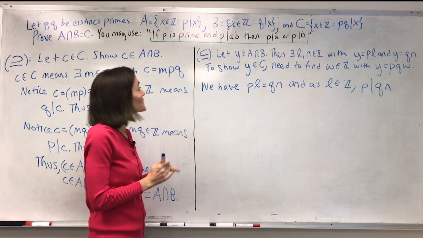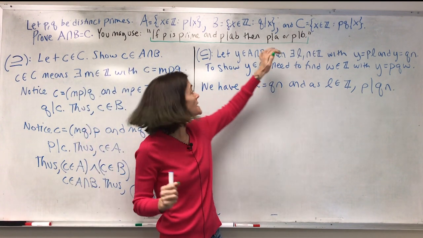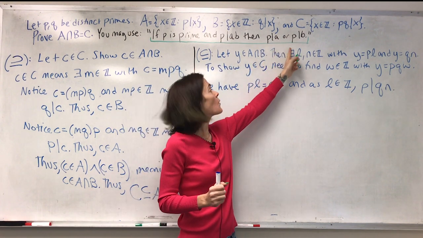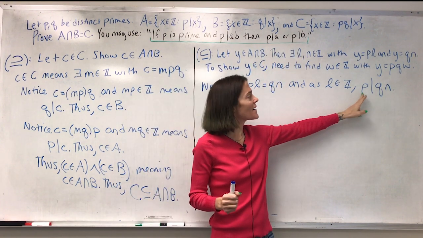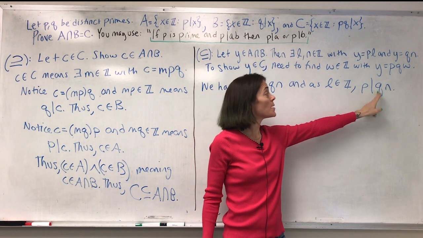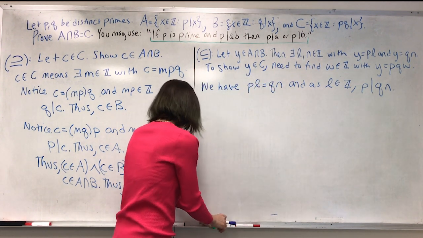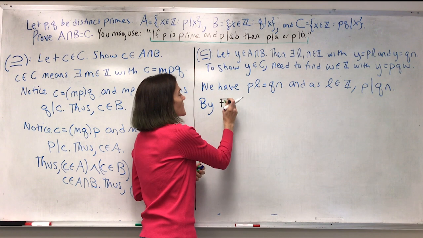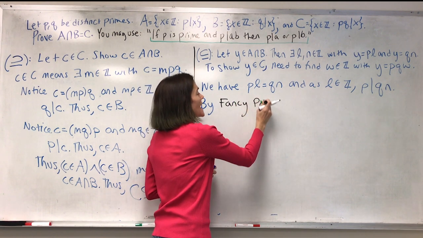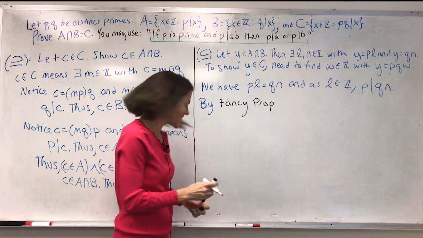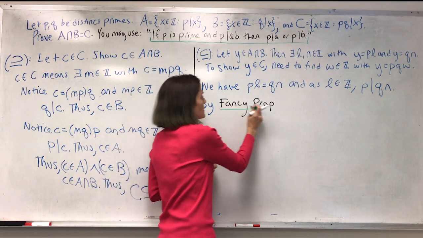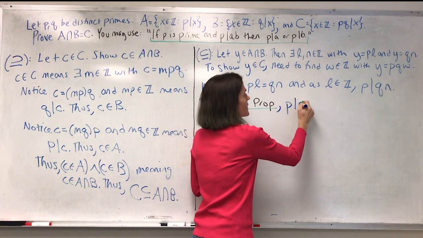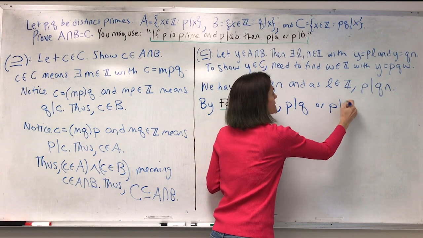Okay, this is wonderful because we are ready to use this proposition. Look, it says if p divides a product, then p divides a or p divides b. And look what I have. I have p, which is prime, dividing a product. So by our, let's say I'll call it the fancy proposition, and I will even underline it in green so you see what I am using, it follows that p divides q or p divides n.